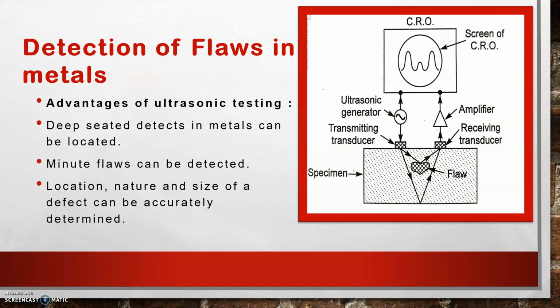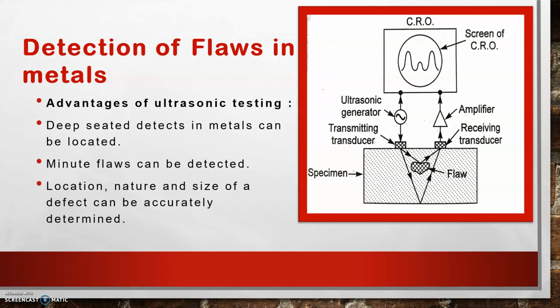Now, observe here the diagram. For example, this is the block that is prepared, and there is a flaw, that means there is a cavity in the metal.